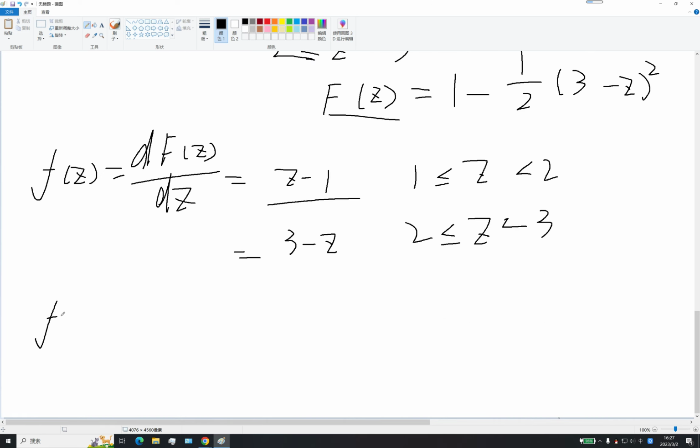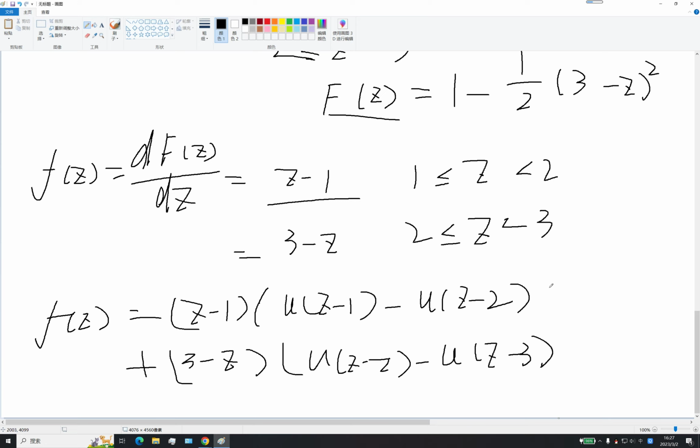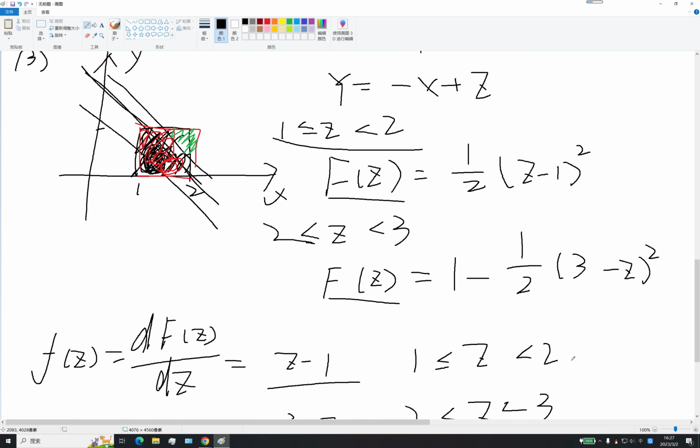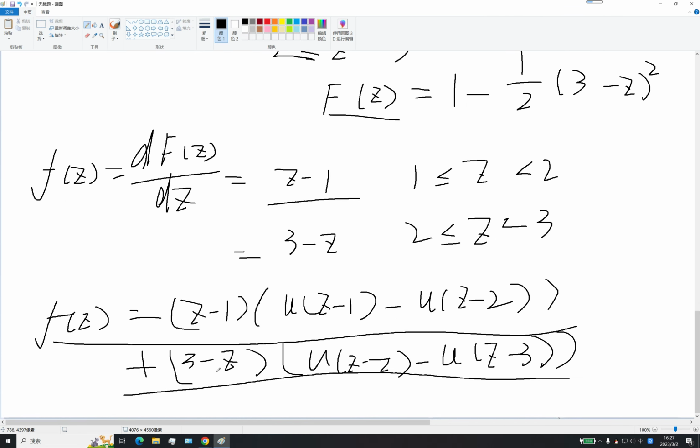So we get f_Z equals (z minus 1) multiplied by u(z minus 1) minus u(z minus 2), plus (3 minus z) multiplied by u(z minus 2) minus u(z minus 3). So this equality is the same as the answer of the convolution method. So this is the answer of question 1.